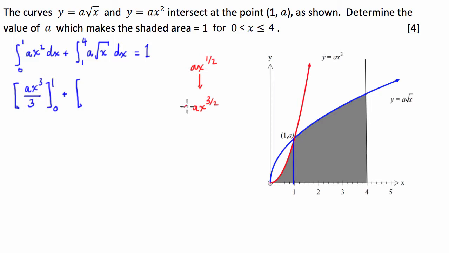So this is going to be 2ax to the 3 over 2, all over 3. Cool, so let's put that into our square bracket: 2ax to the 3 on 2, all divided by 3, and that's got to be evaluated between 1 and 4. After that's all said and done, it's got to be equal to 1.